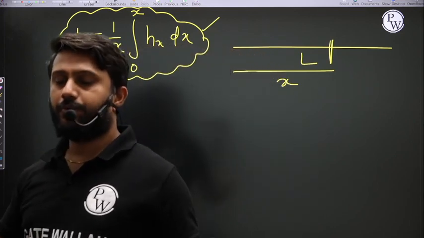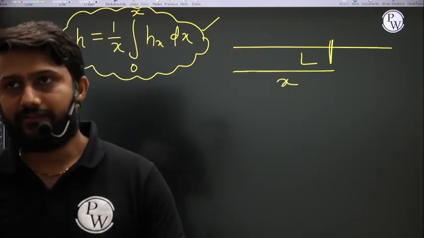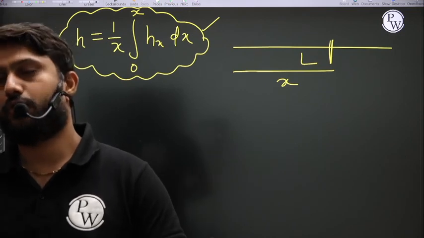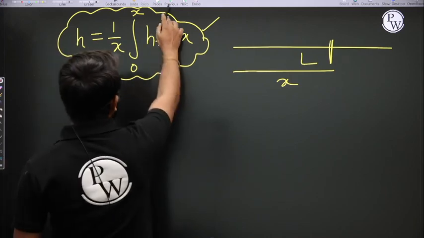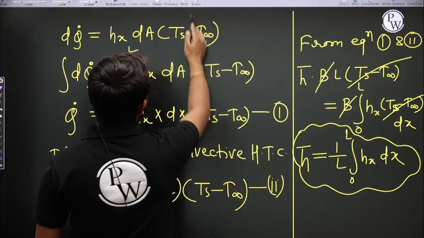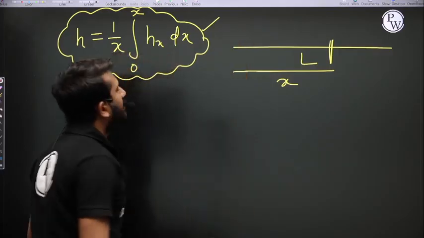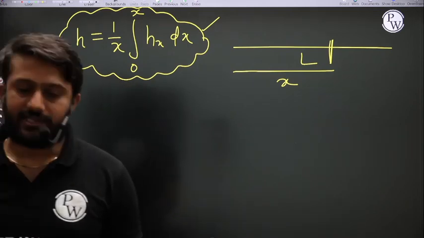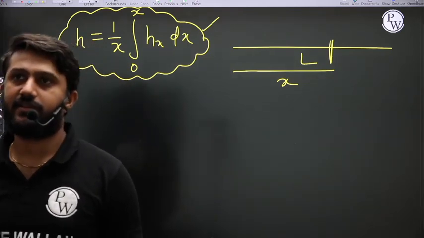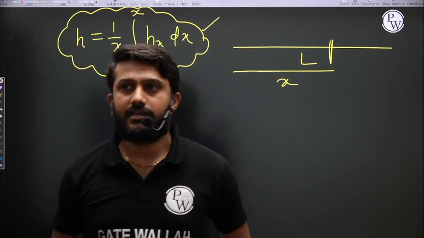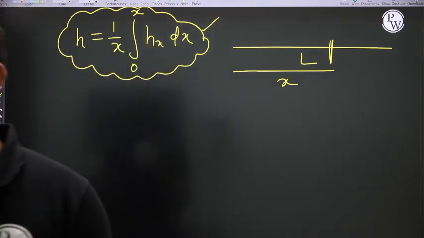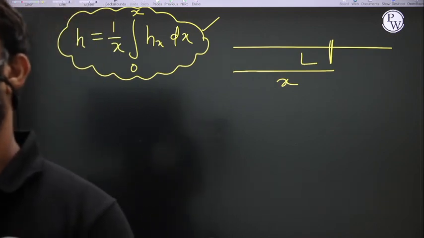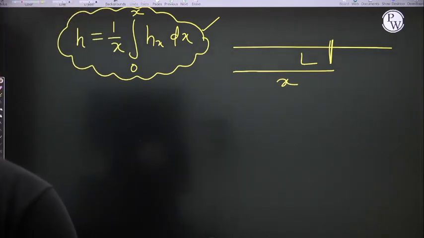If you want it for the whole length L, use the same expression with L. So if Hx is given, you can easily calculate the average convective heat transfer coefficient. Is it okay?